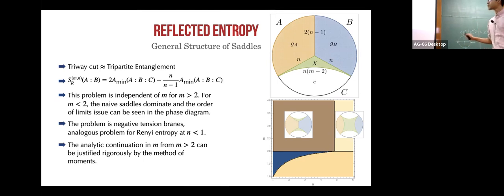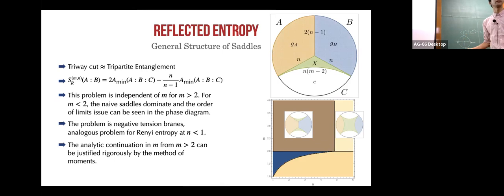Good. So what you can justify in this case is that even if you want to analytically continue down in the random tensor network, and I'm not saying anything about holography at this point, you can rigorously justify the correct prescription. Because everything is flat in m, you just take the solution that you get and take it down all the way to m = 1. Why is that the right prescription?